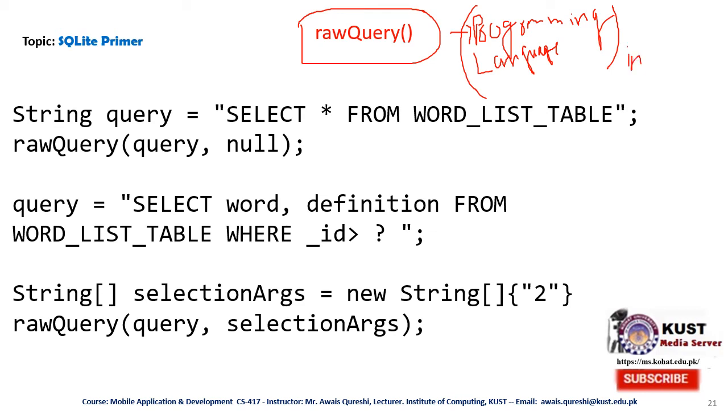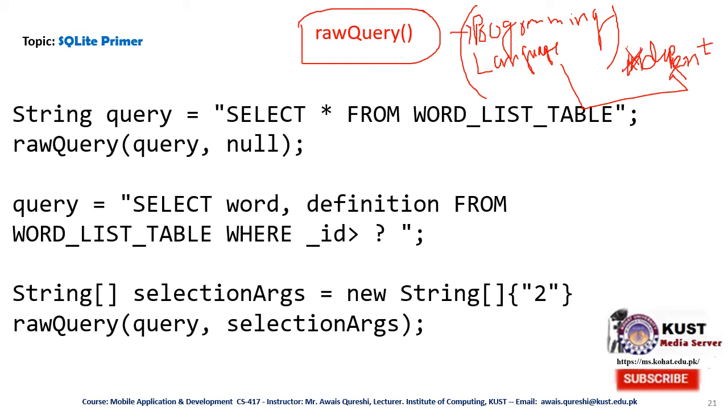This is programming language dependent syntax, because when we are doing programming in Java or Kotlin, we usually do not write queries in a simple way. Instead, we mention our queries with the help of this raw query method provided by that particular programming language for that particular platform.